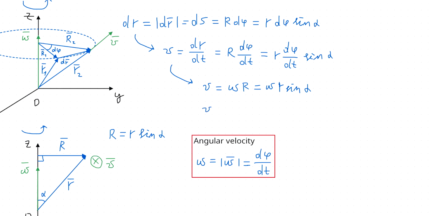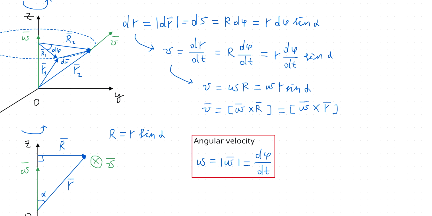Vector product is the same as cross product, so it may be written as omega multiplied by r, vector product. So this is a vector formula.